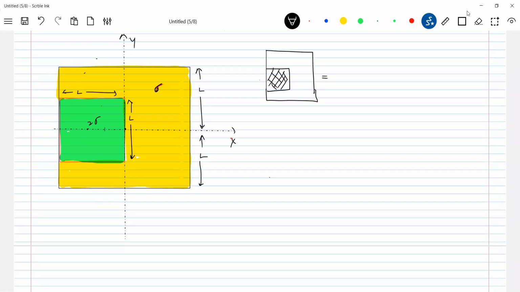So it is equal to a square plate with a hole, plus this particular plate.